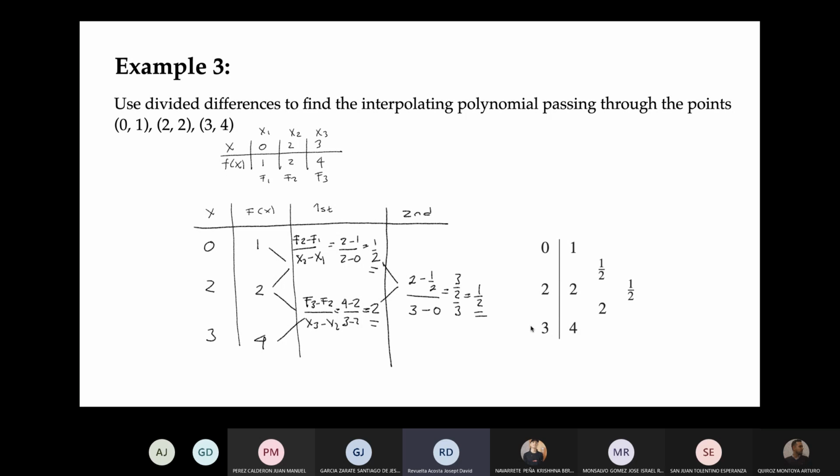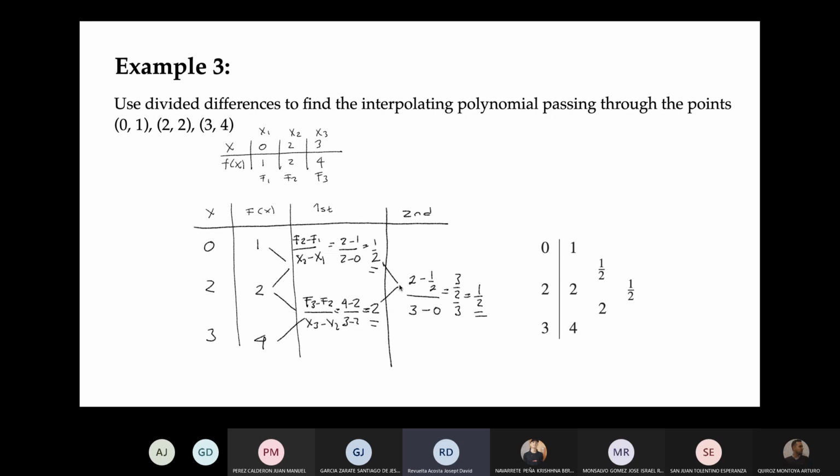And then lastly, for the second degree term, I have that this is the intersection. So the intersection is equal to this one, 2 minus 1/2, and then you have to follow this sequence, and you're always gonna go up.